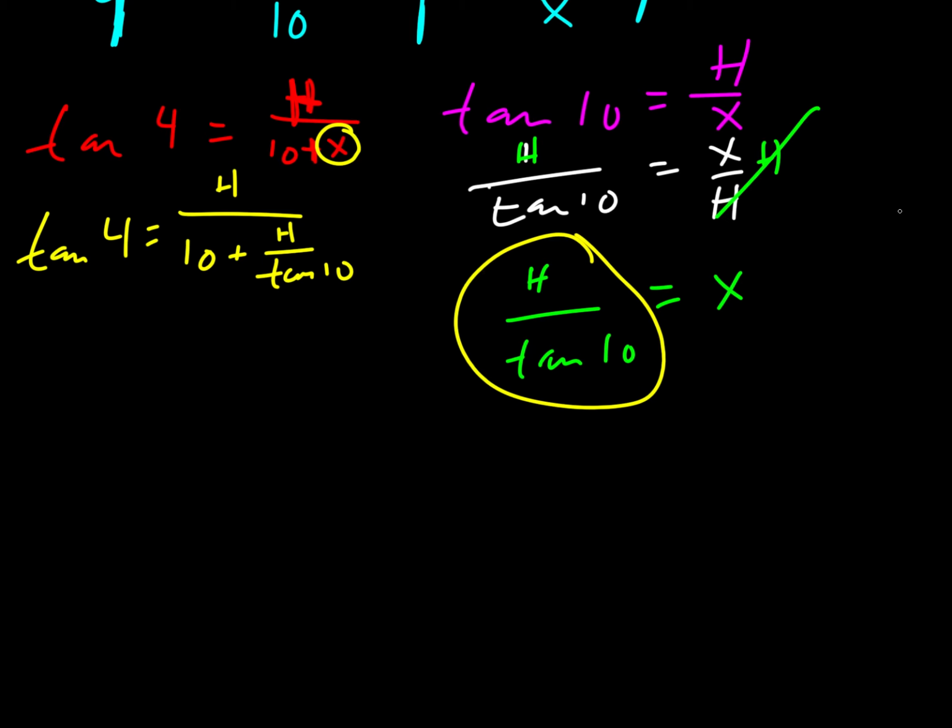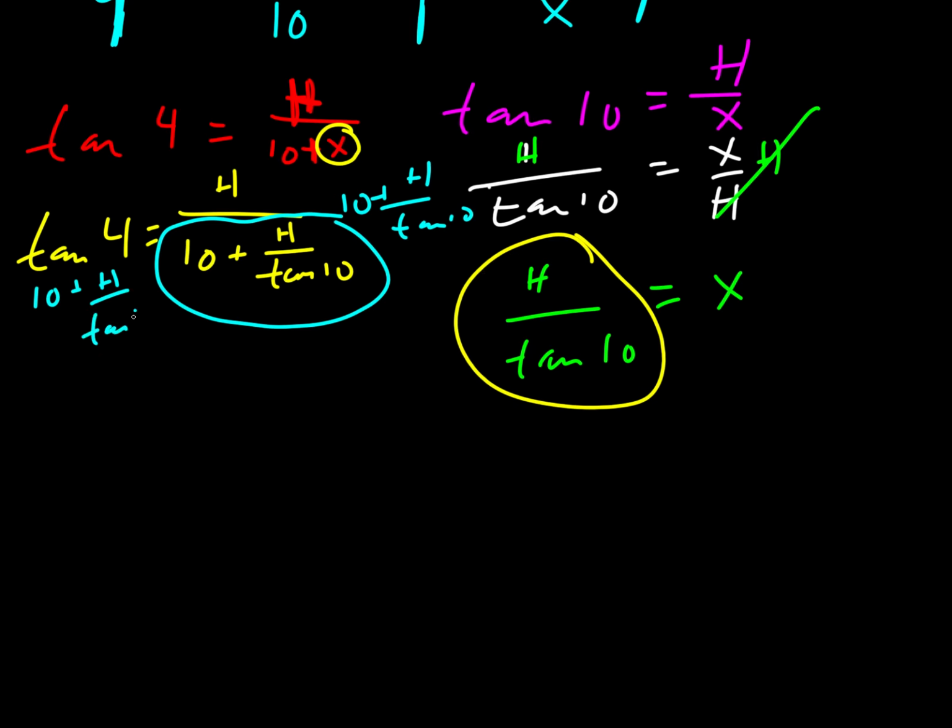We just need to get down to h somehow. So what I'm going to do is multiply everything by the bottom of this fraction. So 10 plus h over tan 10.